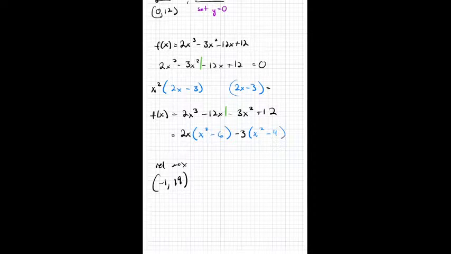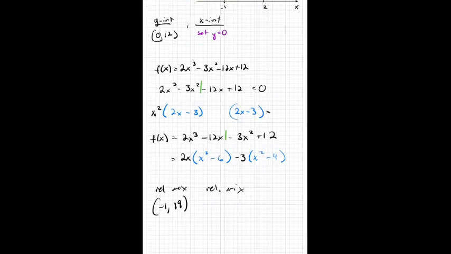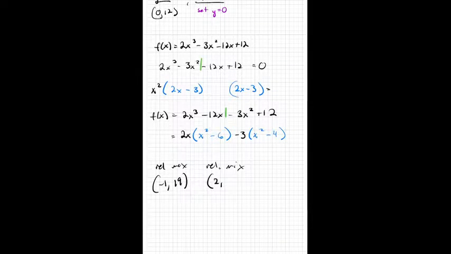I think we also had a relative min when x was 2. So if x is 2, let's see. 8 times 2 is 16, minus 12 is 4, minus 24 is negative 20. Negative 10, it seems like. Hopefully my math is okay.